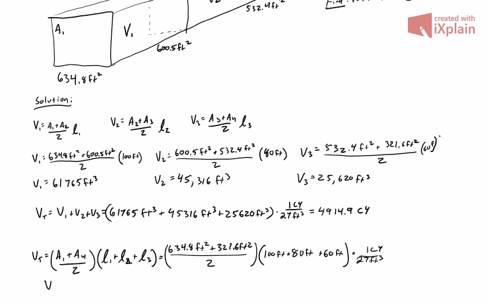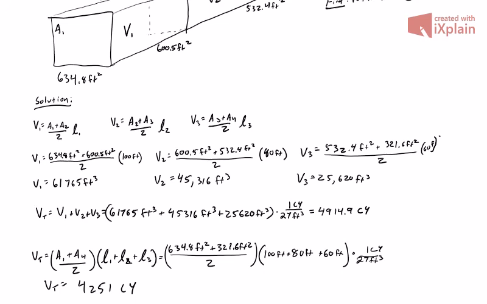And that would have given us, let's see, 634.8 plus 321.6 times, so that would have given us an answer of 4,251 cubic yards, which undershot it by about 700 cubic yards, right?